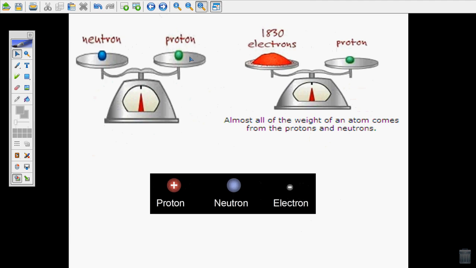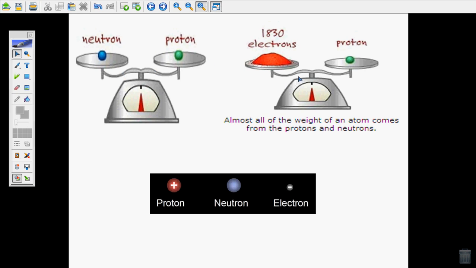Okay, and here this scale represents the mass of a neutron and a proton. So a neutron and a proton, their masses are almost equal to each other, and these two particles make up the nucleus of an atom, and the nucleus of the atom is responsible for most of the weight of the atom.